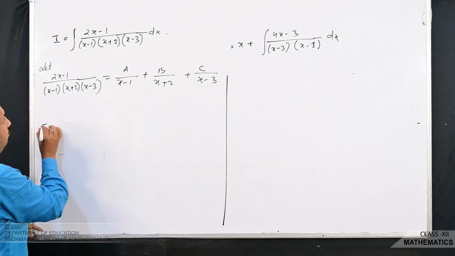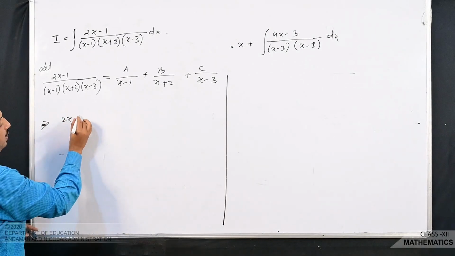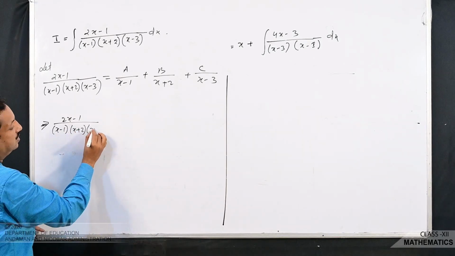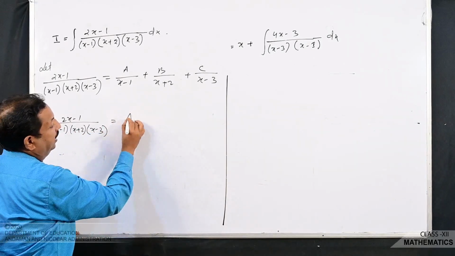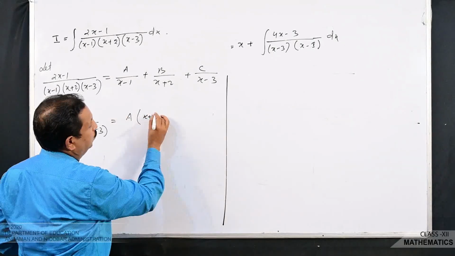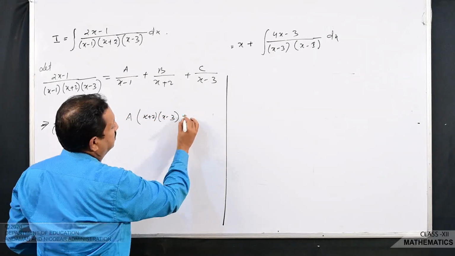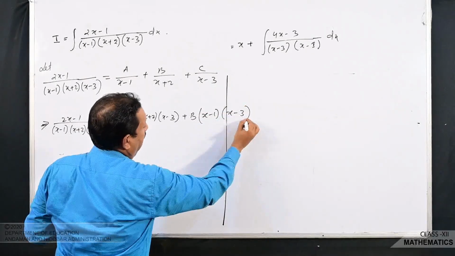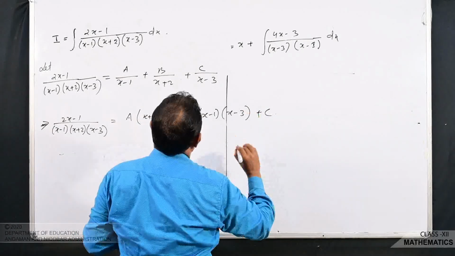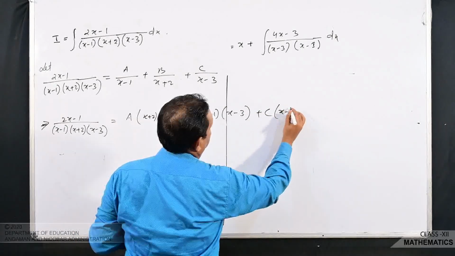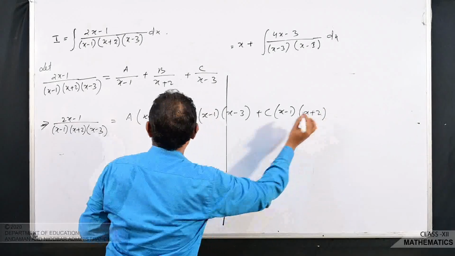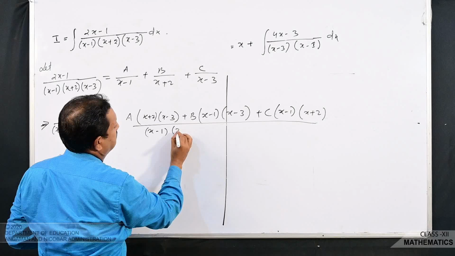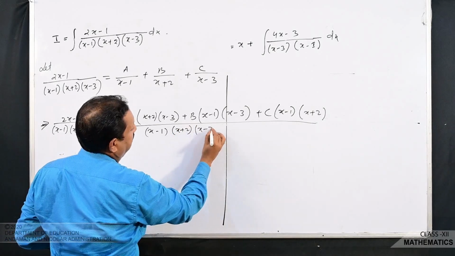Now this one will be taken as (2x minus 1) by (x minus 1)(x plus 2)(x minus 3) is equal to A, and this is (x plus 2) into (x minus 3), plus B, that is (x minus 1)(x minus 3), and C, and your C will be what, that is (x minus 1) and (x plus 2), upon (x minus 1)(x plus 2)(x minus 3).